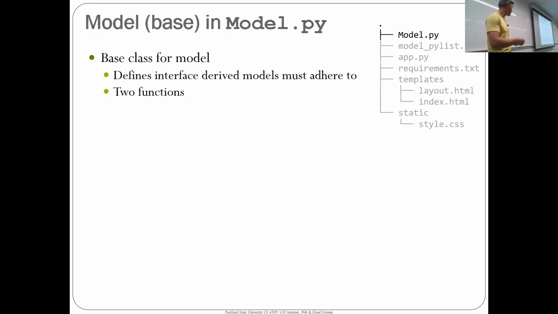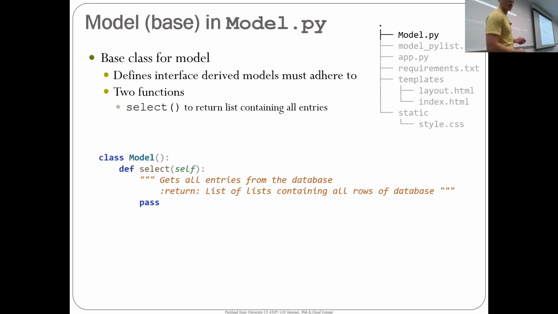Okay, so I'm going to first start with the model. The base class is in capital M model.py, and it defines initially two functions. The first is select, which returns the list of all the entries so far. You can see with the model, it's the abstract base class.